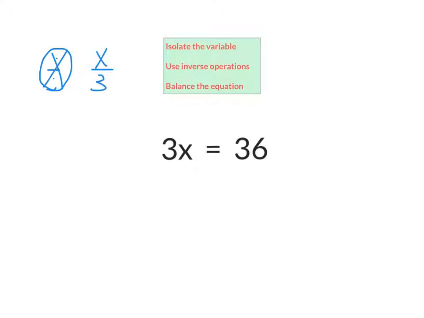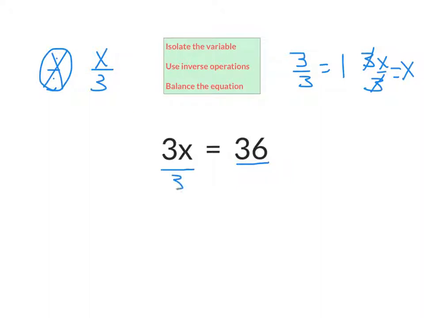So I'm going to turn both sides of my equation into a fraction, and I'm going to divide by the number 3 because I know that the fraction 3 over 3 will equal 1. Or, in another fraction, 3x over 3, I could cancel out 3 as a factor in both my numerator and denominator, leaving me with the value of x.